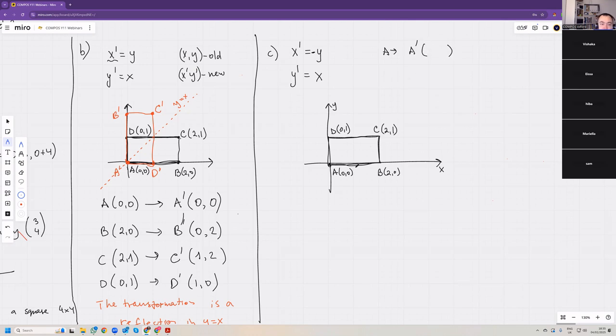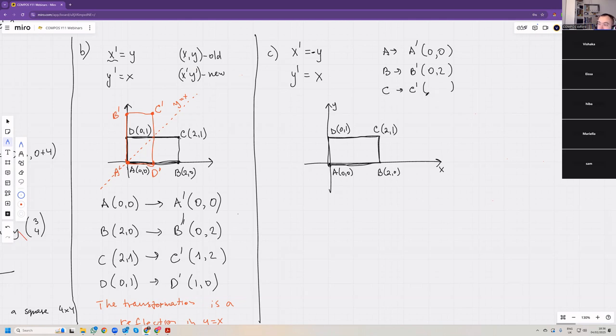So what's A dash? If A is 0, 0, A dash is, well, easy, 0, 0. B becomes B dash. So what's B dash? B dash is 0, 2.